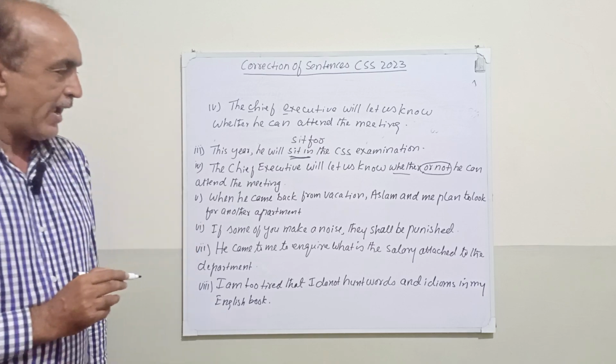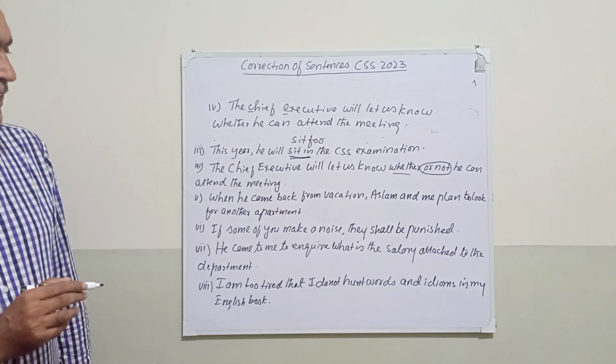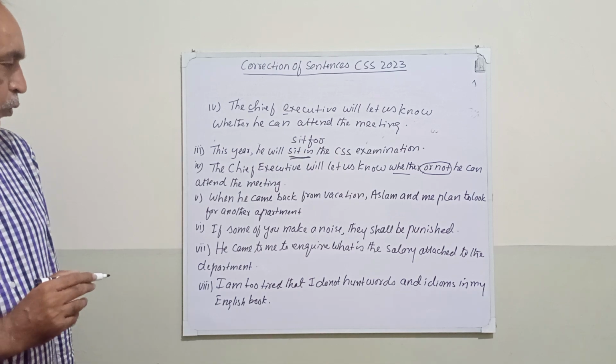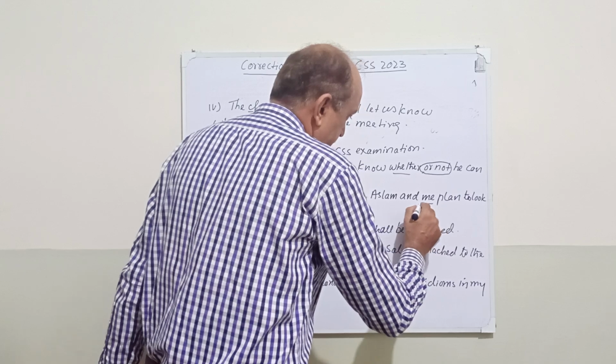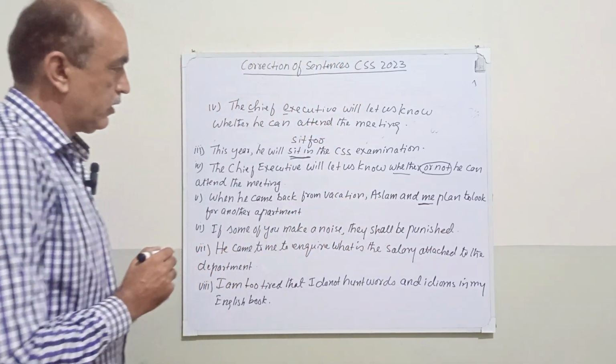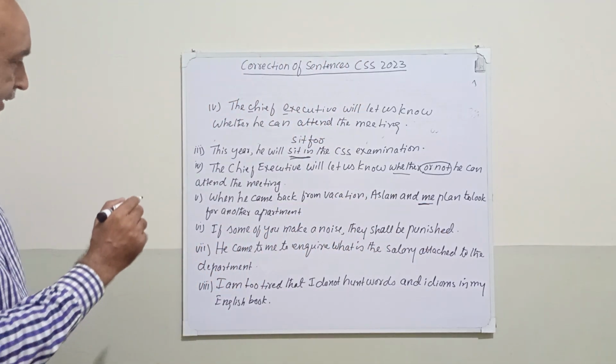When he came back from vacation, Aslam and me planned to look for another apartment. Now here you can see "Aslam and me." How do you make this sentence correct?